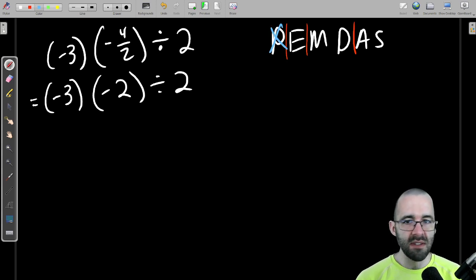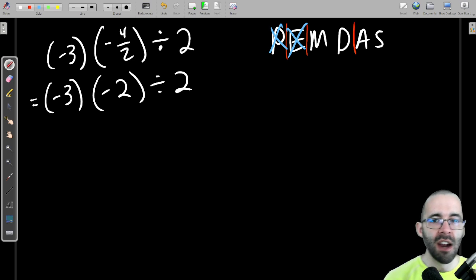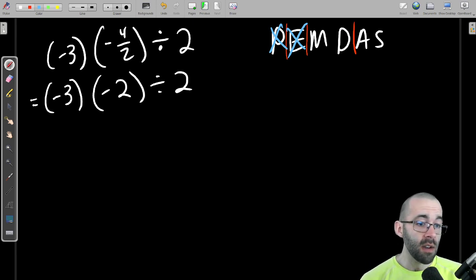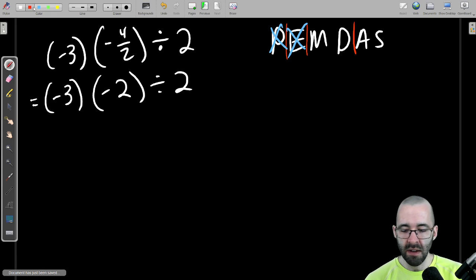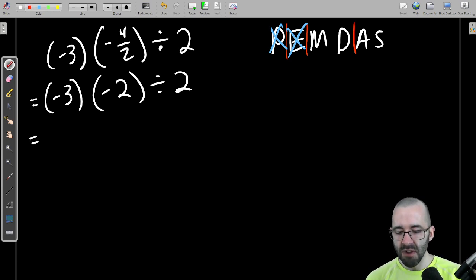Everything inside parentheses is simple now. Exponentials, there's no exponents. Now we can do multiplication and division in any order. Usually we do it left to right. Okay, but you don't have to. And in fact, I could show you that either order is going to work. But let's just do left to right. That's a little easier. In this first one, we have -3 times -2.